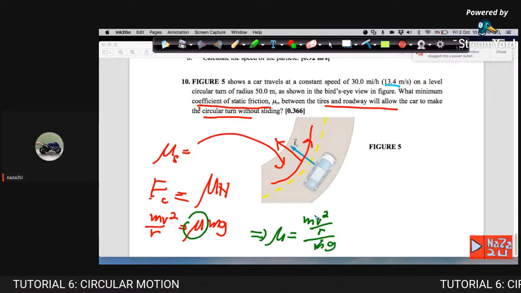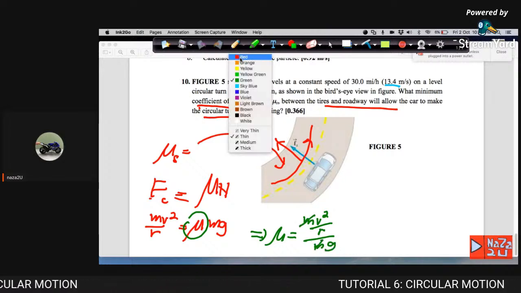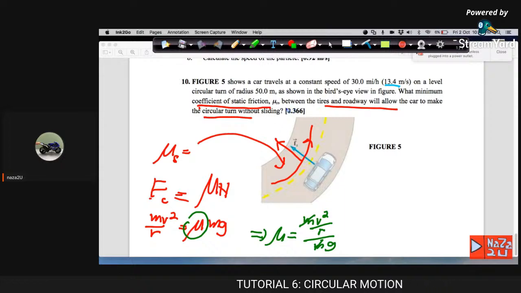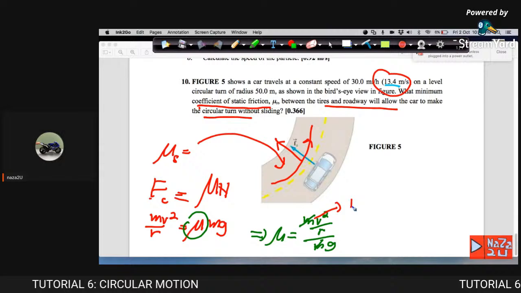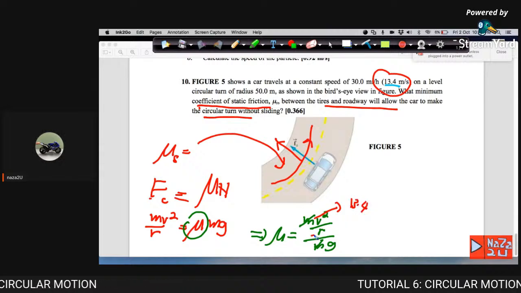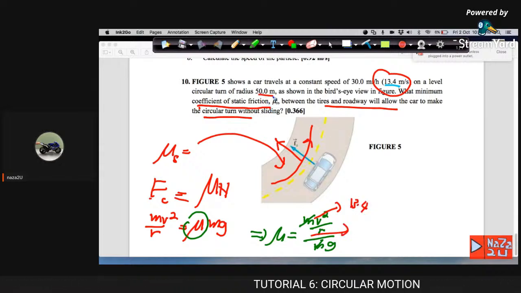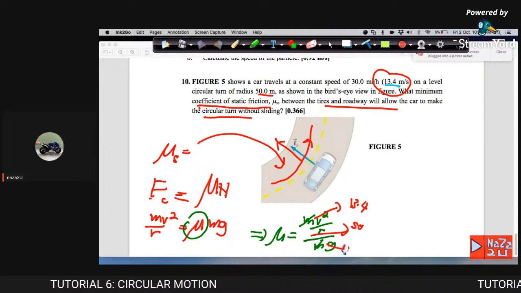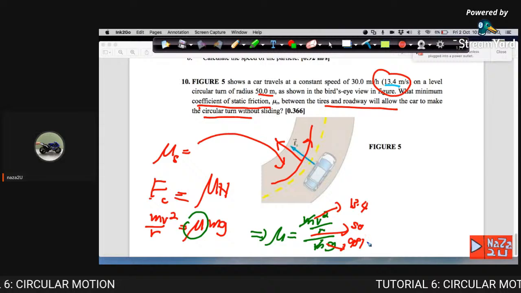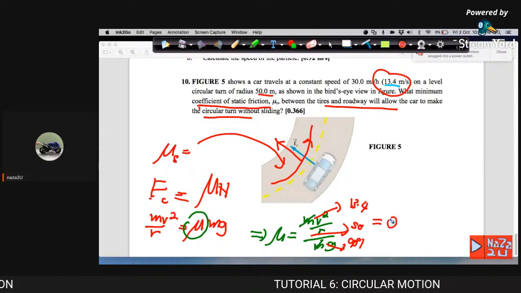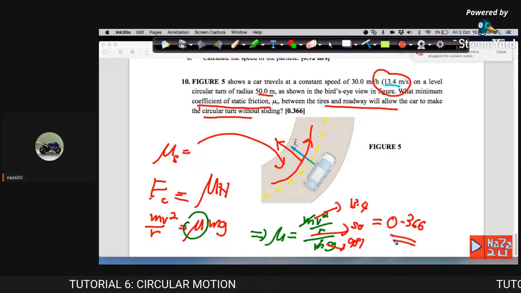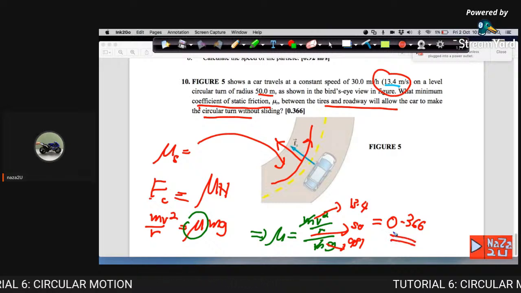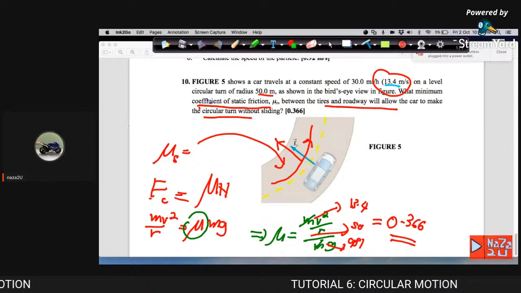So we can cancel m, and the speed here is 13.4, the radius here is 50 meter, and G is 9.81. So you can find the mu here is 0.366.